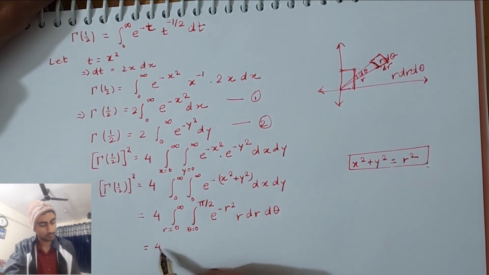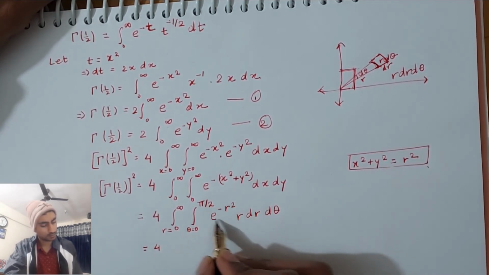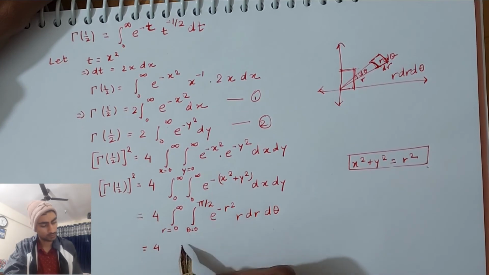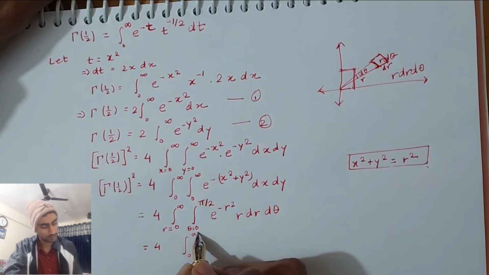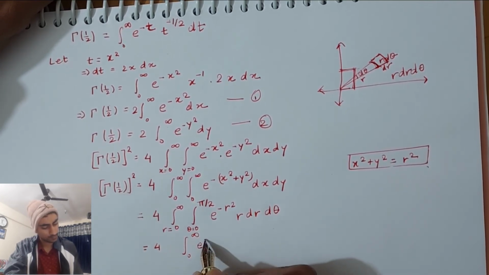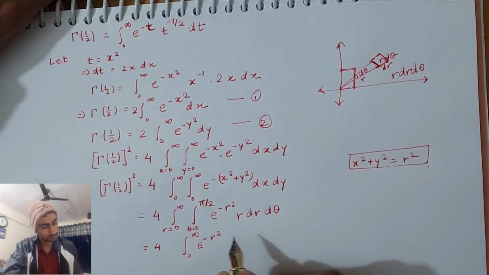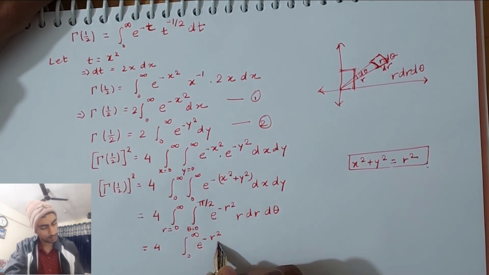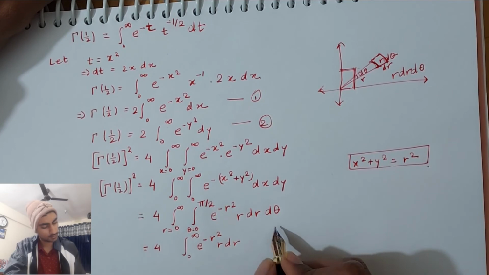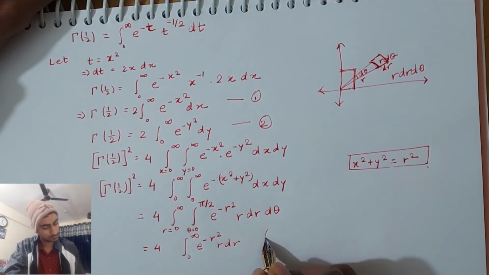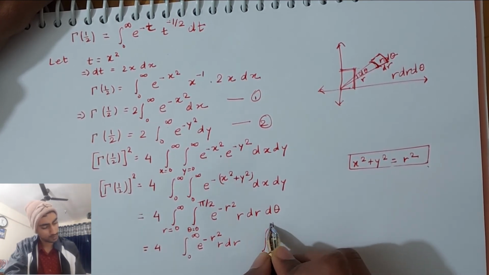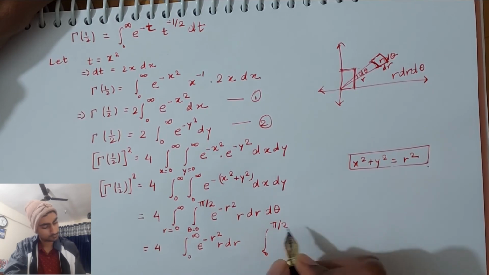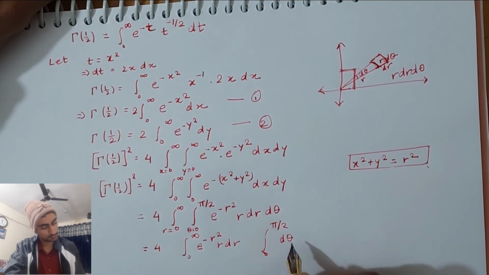So 4 times, we can take the r terms one way, the integral from 0 to infinity of e to the power minus r squared r dr, and this term, the integral from 0 to pi by 2 of d theta.